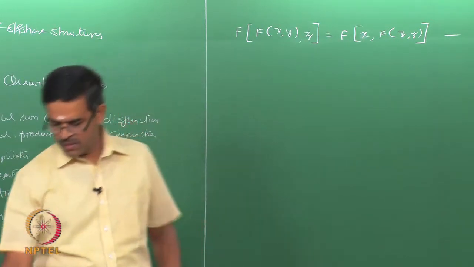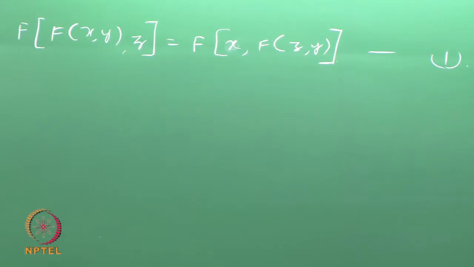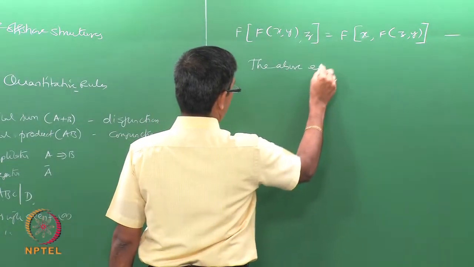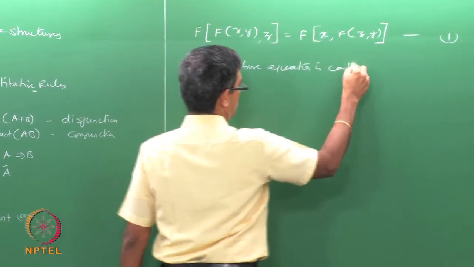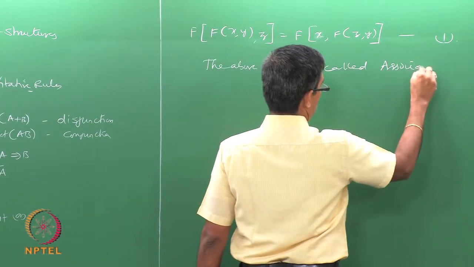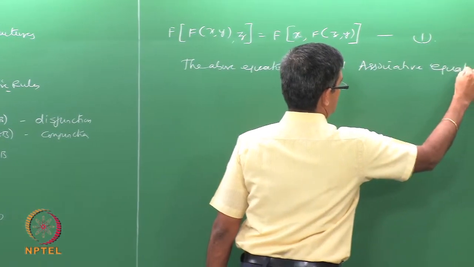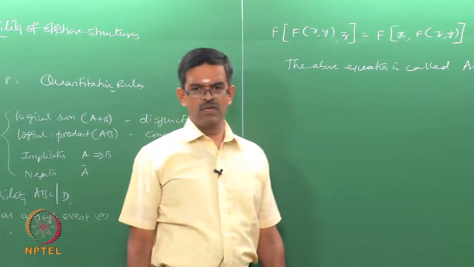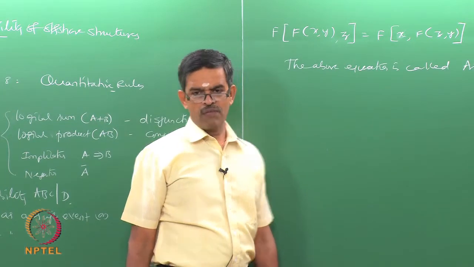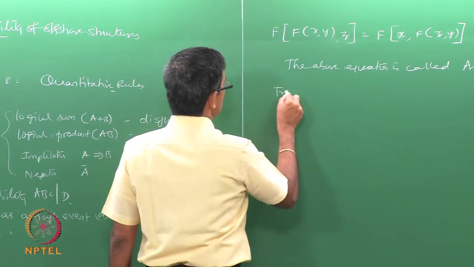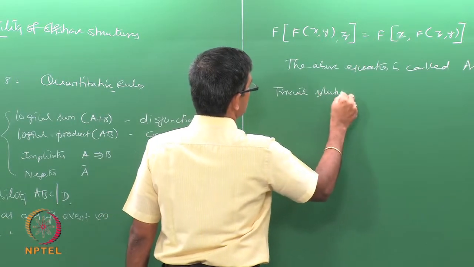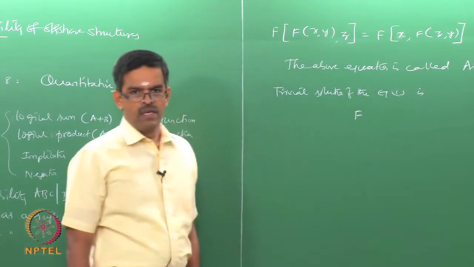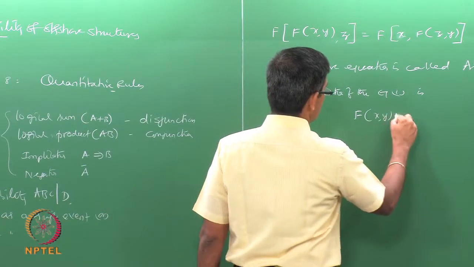This equation was established in the last discussion, which we call the associative equation. This equation has a trivial solution, which is given by f of xy is constant. So, the trivial solution of equation 1 is f of xy is constant.